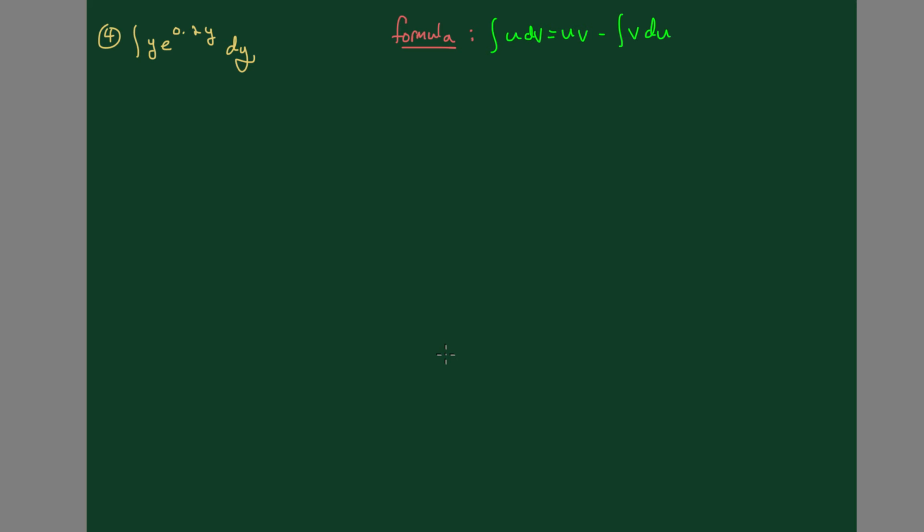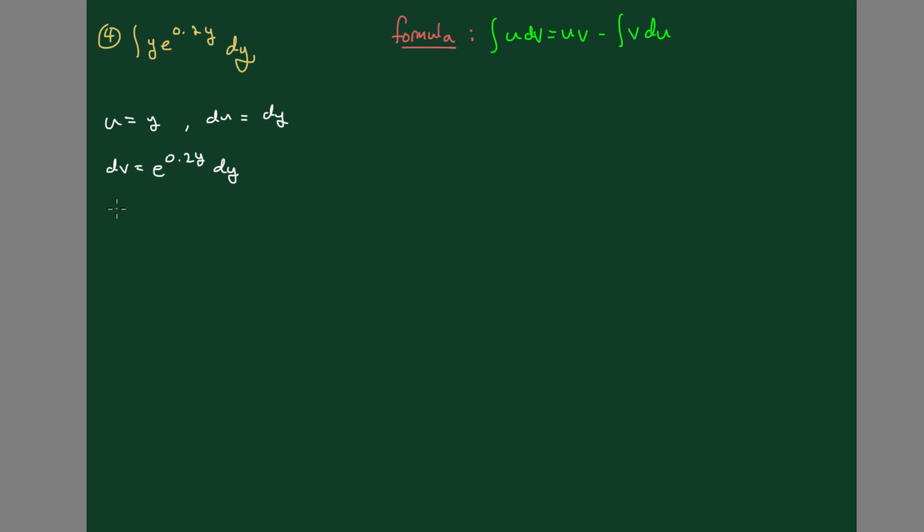Alright, so our last problem for this video is going to be the integral of y times e to the 0.2y dy. So let's go ahead and choose our u. Our u is going to be y, which means our du is going to be dy. And our dv, we're going to choose to be e to the 0.2y times dy.